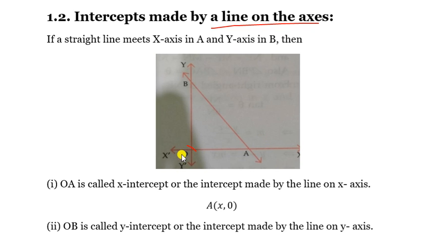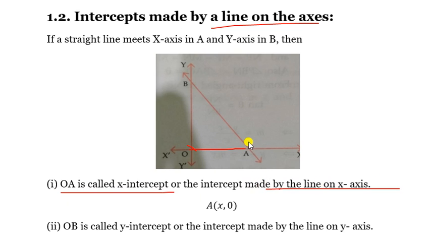And see here OA, this distance, OA is called x-intercept of this line, the x-intercept made by the line on x-axis.